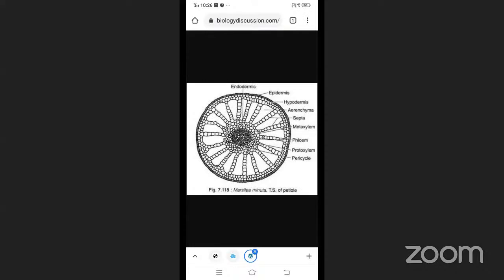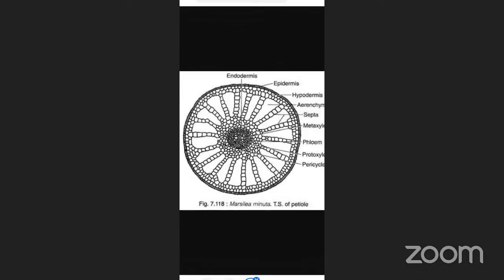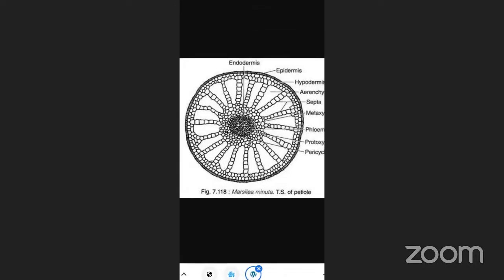Okay, the next one is the petiole structure. Petiole is also there in your practical session, and it also comes in the theory. The petiole is circular in outline like the stem, with an endodermis of a single layer of rectangular cells.